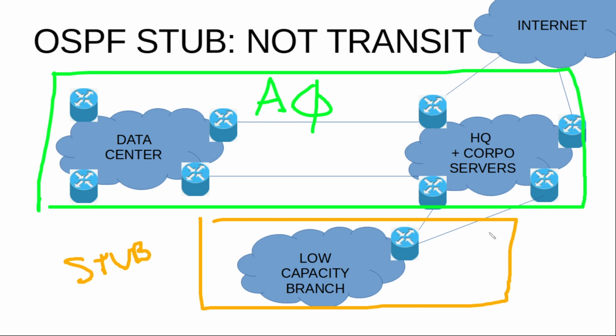Notice that you will still be receiving these inter-area LSAs, for instance LSAs number 3. And notice that this network is completely STUB. You are not connecting anything here. You don't have autonomous system border routers here.